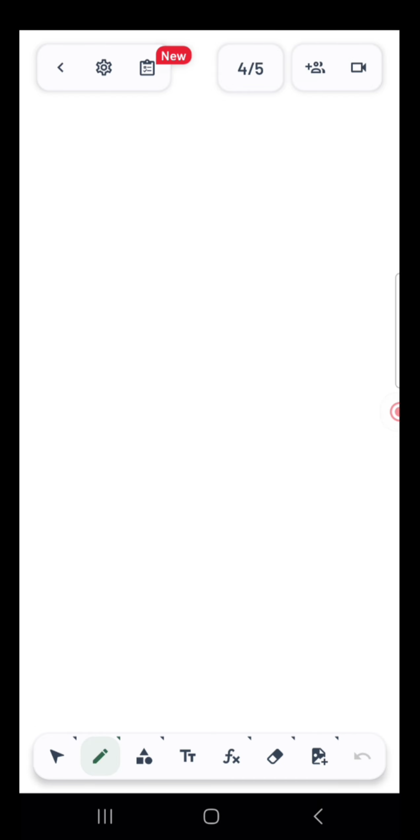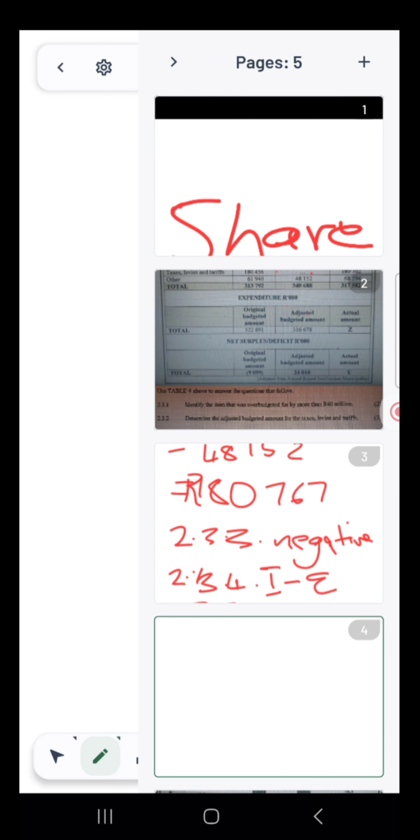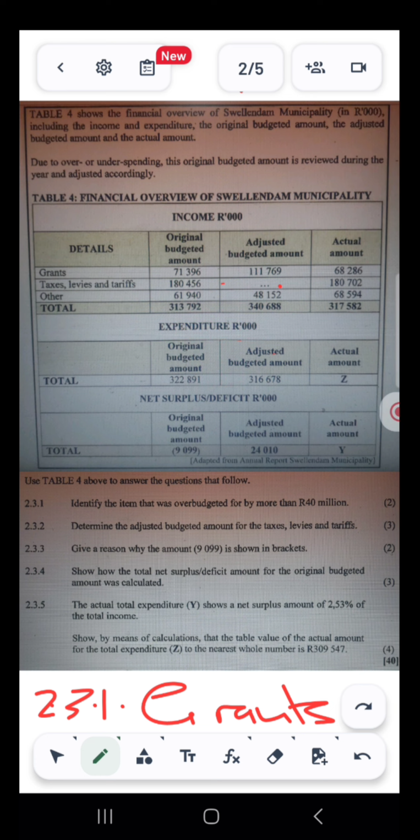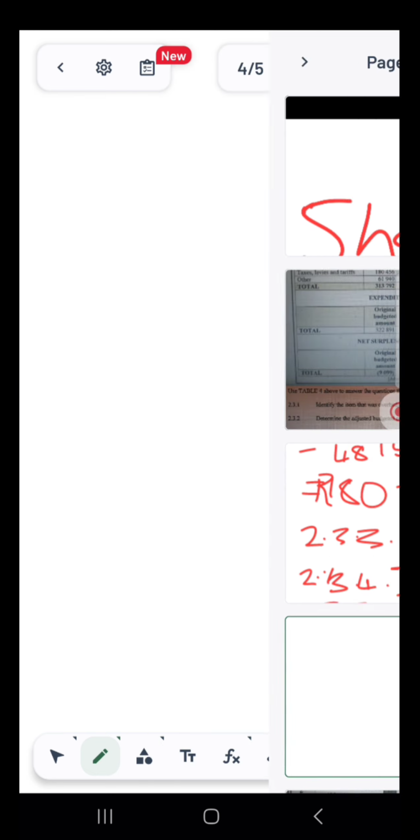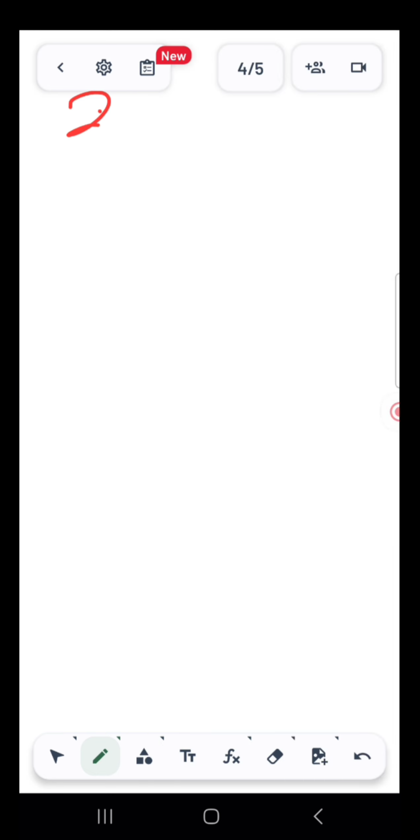Okay, and then let's go to the next question. The next question says 2.3.5. The actual total expenditure. Show the net surplus amount of 2.53%. So that is the information we have, 2.53%.